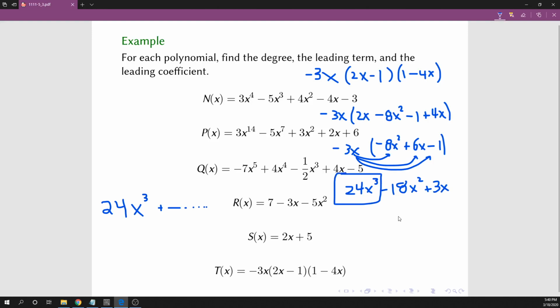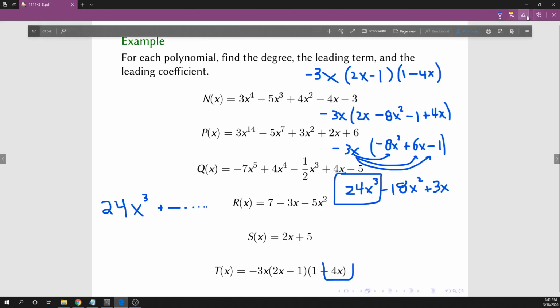And so the question is, how was I able to tell on this one, because it was not multiplied out? So this form is what's called the factored form. This is where this polynomial has been completely factored. And so the trick is really, what I did was look at the coefficients, right?